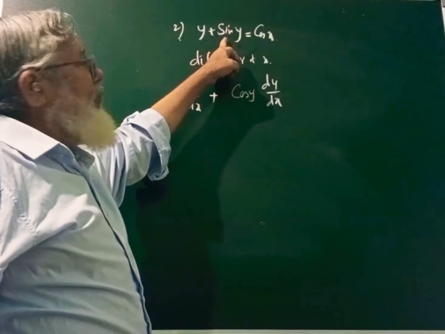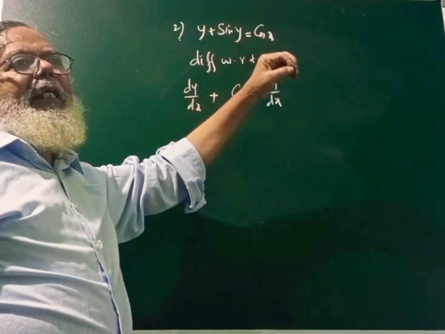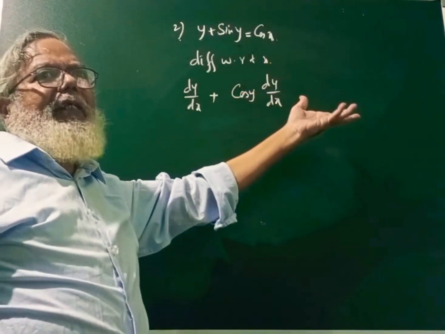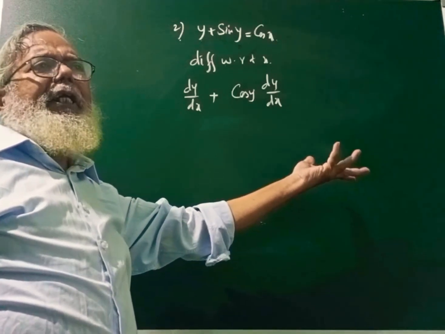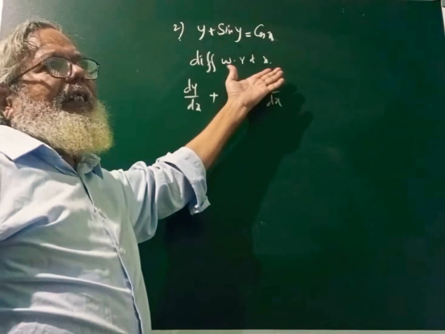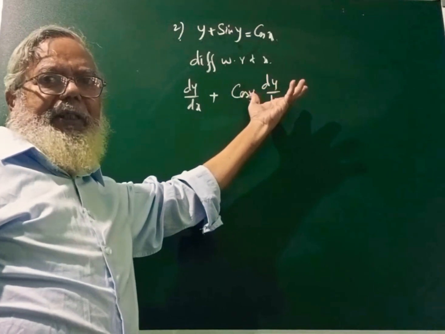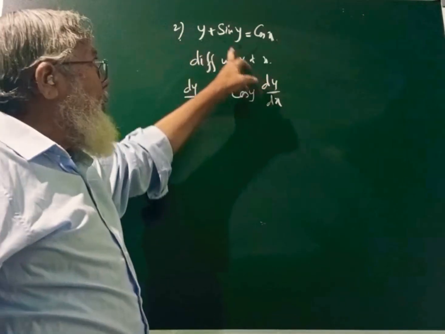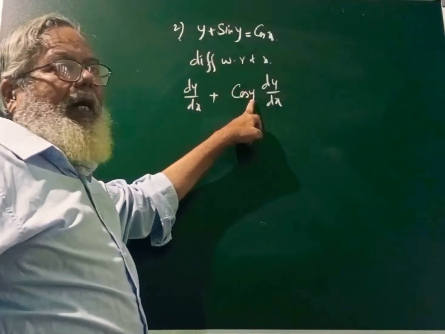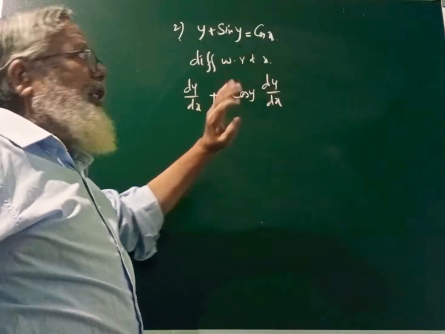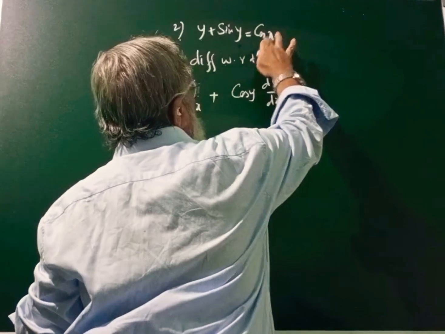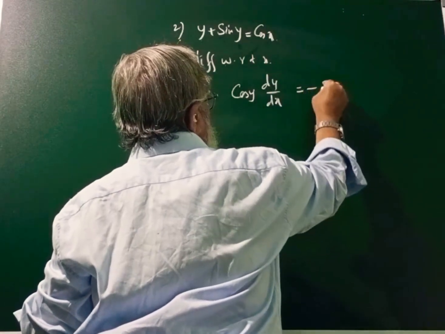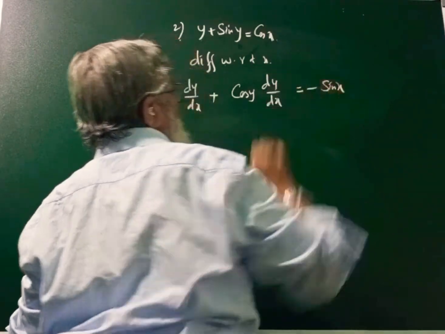Normally, if sin x is there, then the derivative of sin x we write down as cos x, and differentiation of x with respect to x is 1. There is no need of writing into 1. But when instead of x we have y or other quantities, we have to differentiate it. So differentiation of sin y is cos y, and differentiation of y is dy by dx. And it is equal to, differentiation of cos x, which is minus sin x.